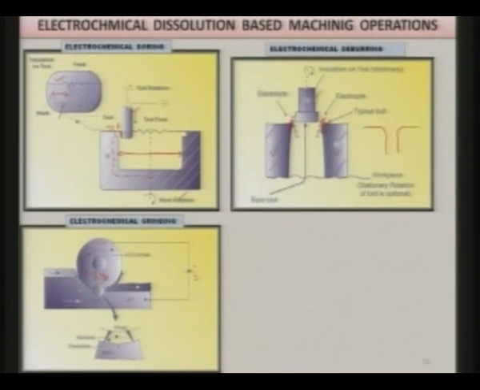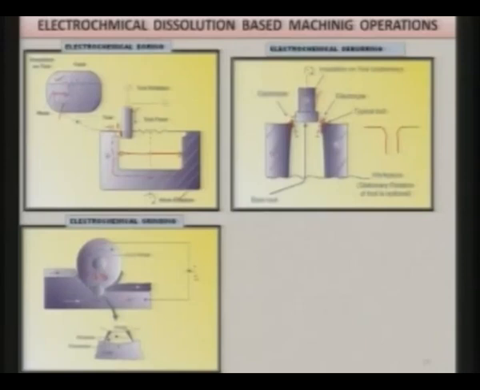Since abrasive particles are not in contact with the workpiece, there will be no grinding operation, but in zone 2, as you can see here in the enlarged view, abrasive particles are in contact with the workpiece surface, and there is a small pocket where electrolyte is present, formed between two abrasive particles.